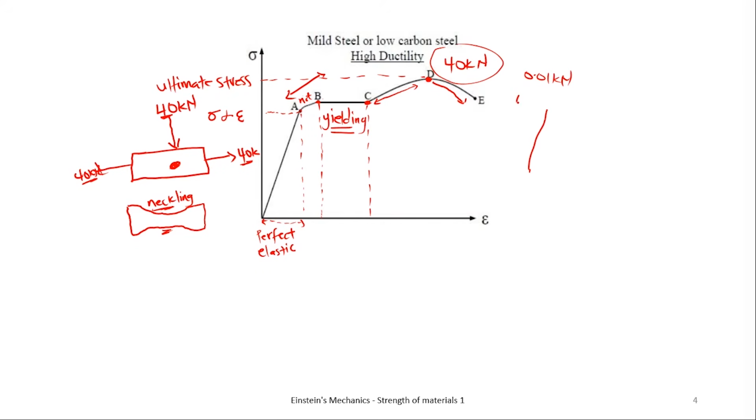You see, so the force now will be 40.01 kilonewton. We shouldn't do that as engineers. So it will break. That's what we call the fracture mode. It will break eventually. And this is a good idea about how we conduct a test on our material.